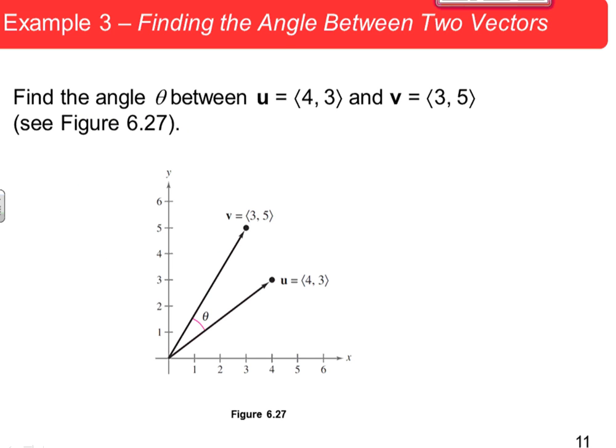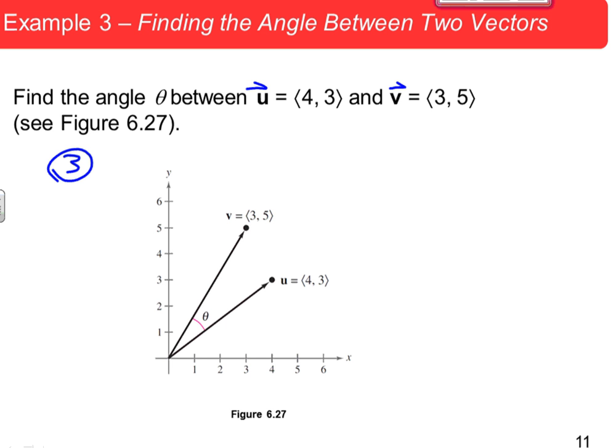So here's our job: find the angle theta between vector u, which is 4, 3, and vector v, which is 3, 5. You might have noticed they're picking kind of easy to work with numbers. These are put in standard position, so they're each starting at the origin, and one goes 3 to the right, 5 up.